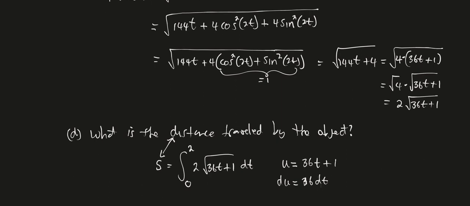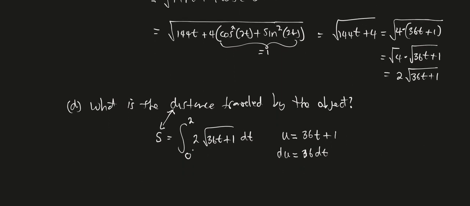And now I have a 2 already here, so if I multiply both sides by 1 over 18, then I'll have the 2 dt. So I can get rid of that constant. There are other ways you could do it. I'm just choosing to substitute for the 2 dt and then everything that's under the square root.